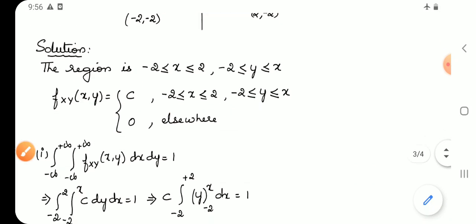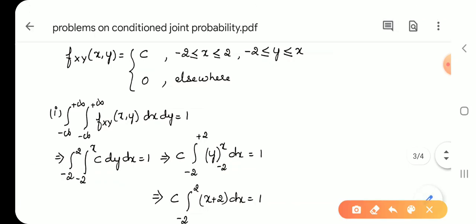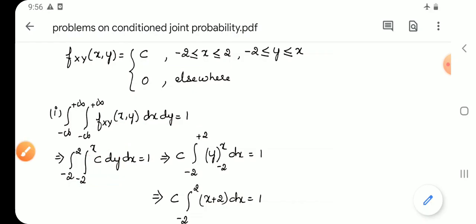We know for the bivariate PDF, double integral minus infinity to plus infinity fxy of x comma y dx dy is equal to 1. fxy of x comma y is given to be c, dy dx, as we have taken the inner integral as the limits of y, so we will write y dy first.